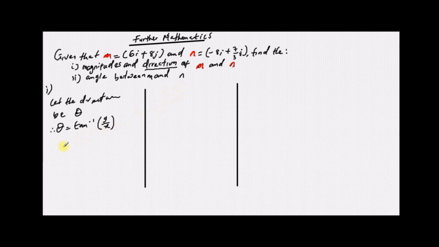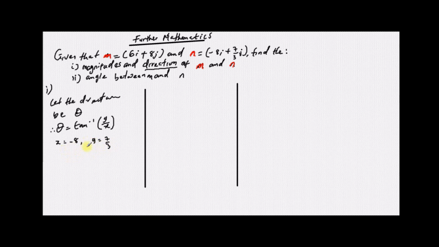So in this case, x is equal to minus 8 and y equals 7 over 3.